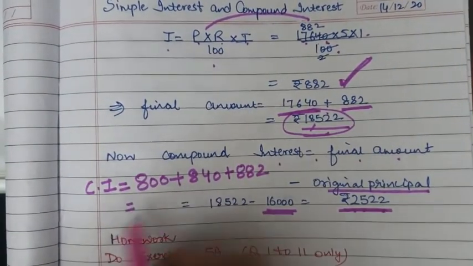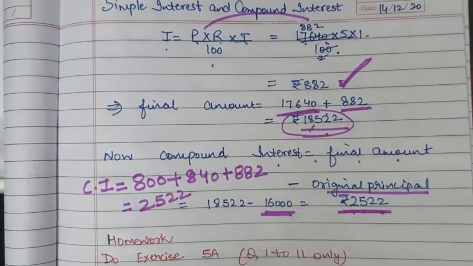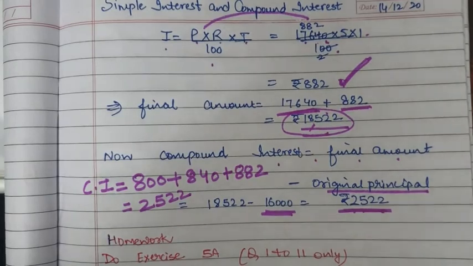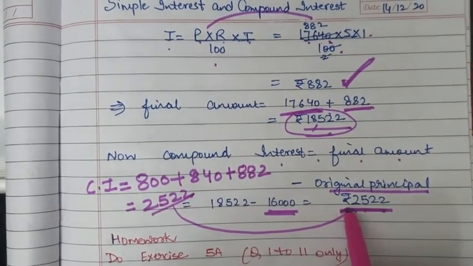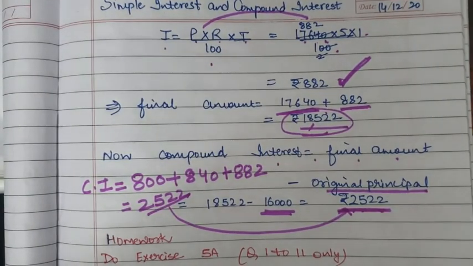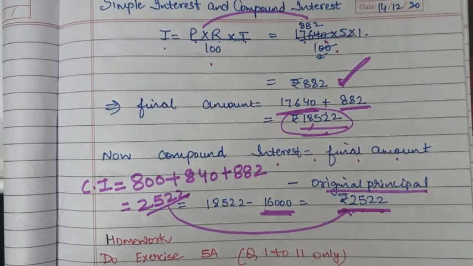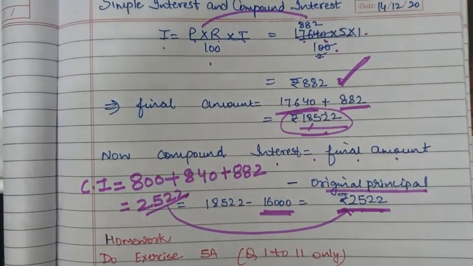On adding we get 2,522. So if you see, the answer remains the same. So you can do it by any method. I hope now compound interest as well as simple interest is clear to you.